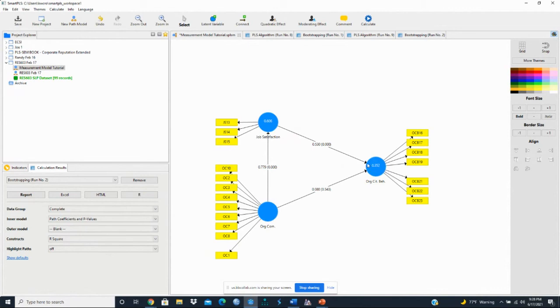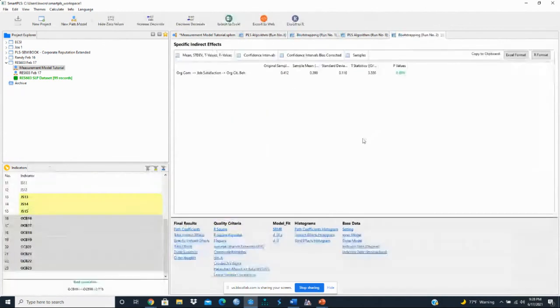This 35 over here tells us that 35% of the variance in organizational citizenship behavior is explained by the net effect of these two variables. There's a lot of data in this, but the main thing we're looking at is testing those hypotheses.